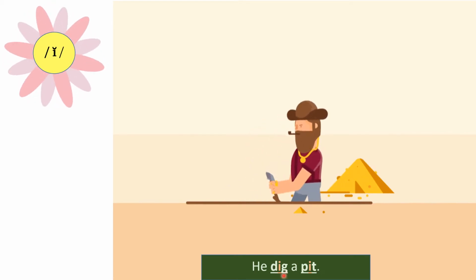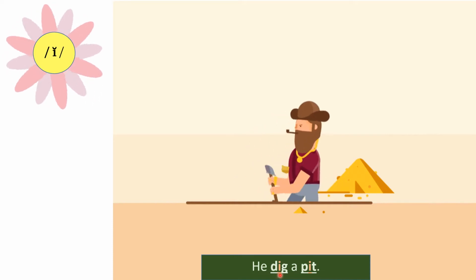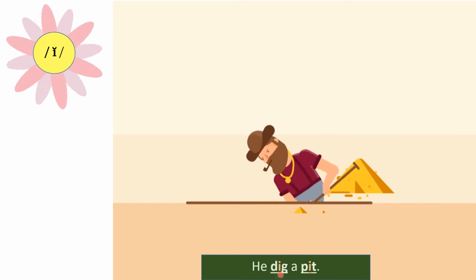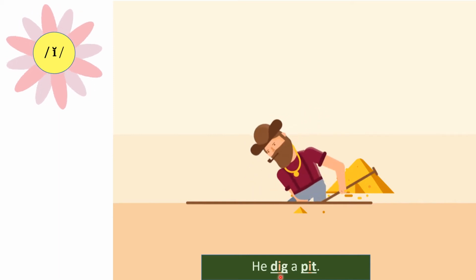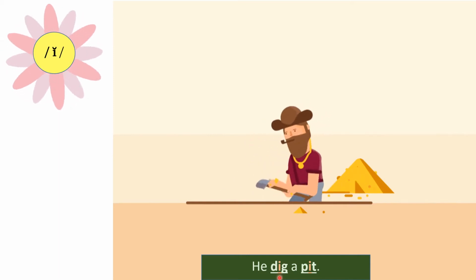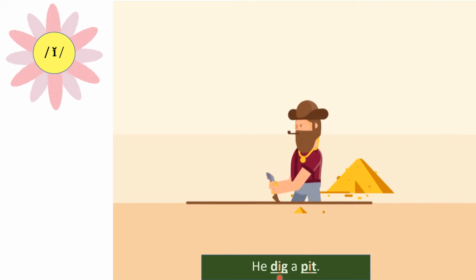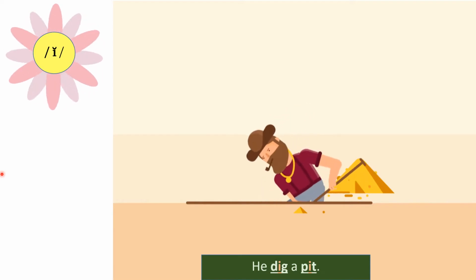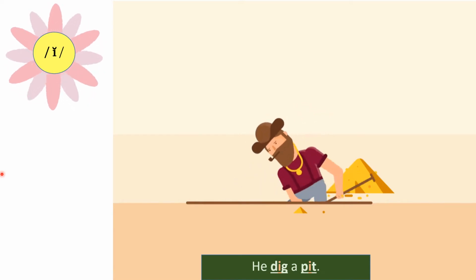Like in the word dig, it is only one vowel letter, and the vowel letter is the letter I. So this word has the short vowel sound. Dig, like also in the word pit. Again, it's pit.